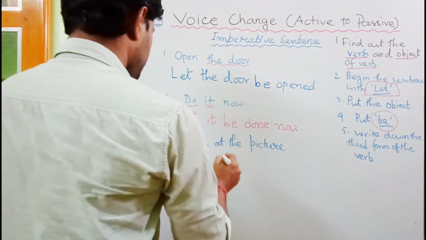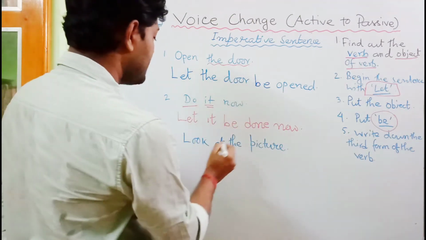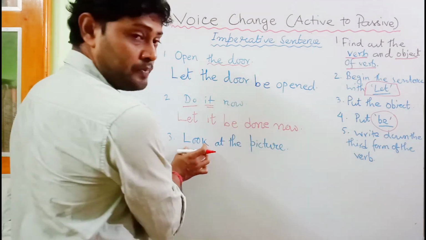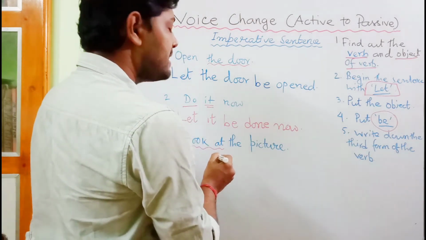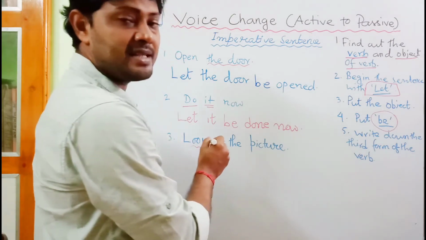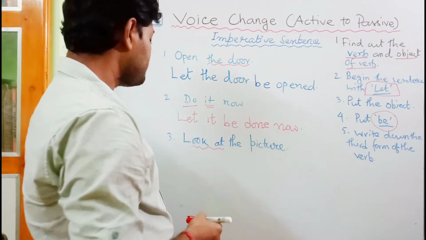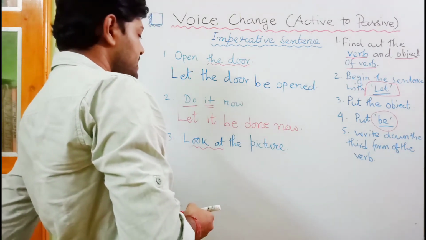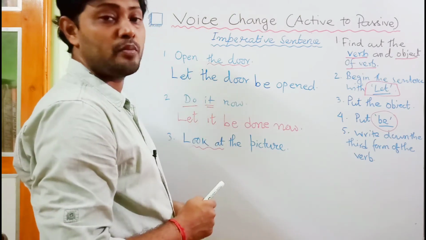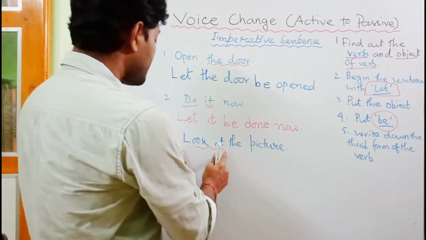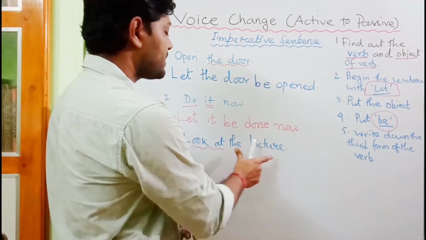Then try the last example. Look at the picture. Look at this example carefully. Here the verb is not only look, the verb is actually look at. We know this kind of verb is called a phrasal verb or group verb, where the verb consists of a verb and a preposition. So here the verb is look at, and what is the object here? The picture.